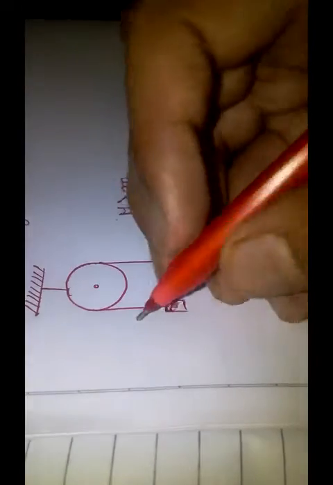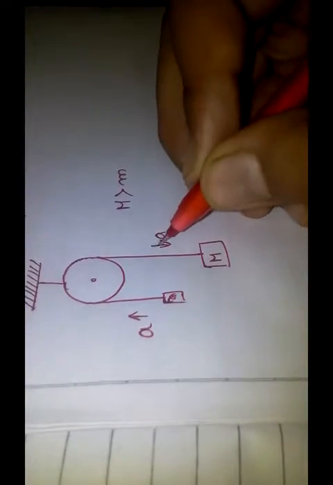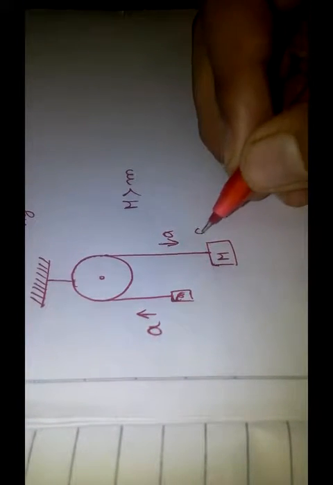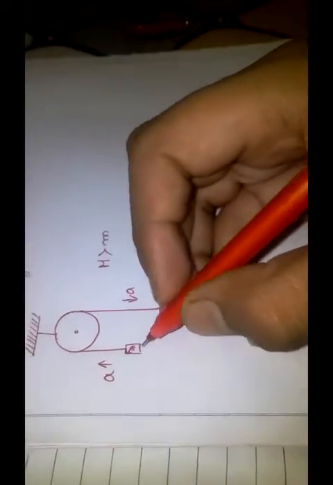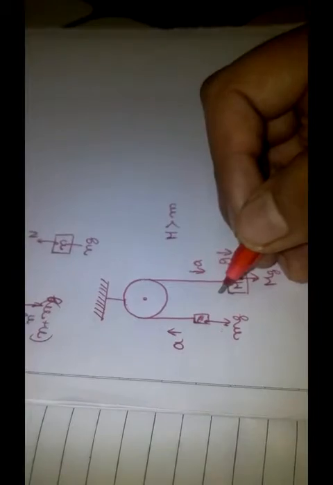The acceleration is upward here, and here the acceleration is downward. Gravitational force is also acting downward. Its weight is mg. Its weight is Mg. So how will we draw the free body diagram?